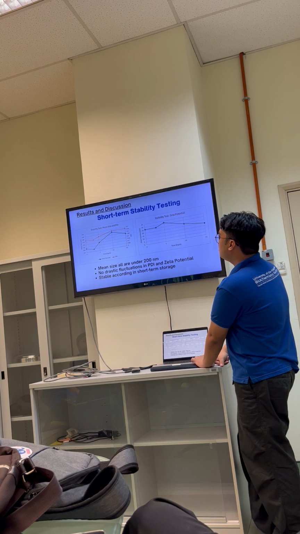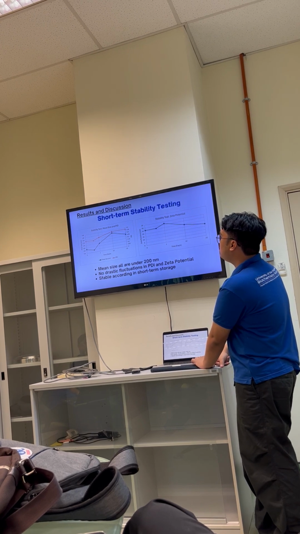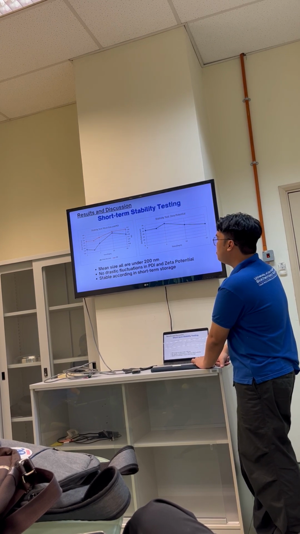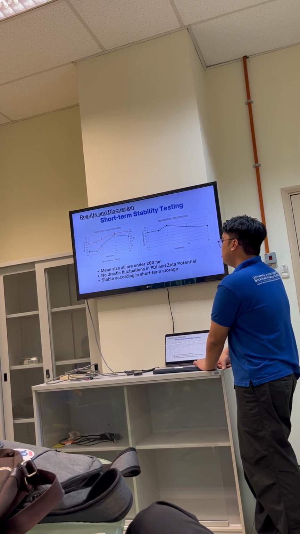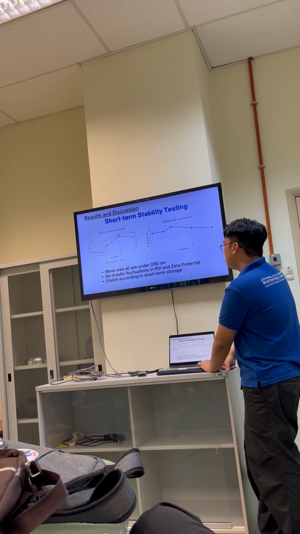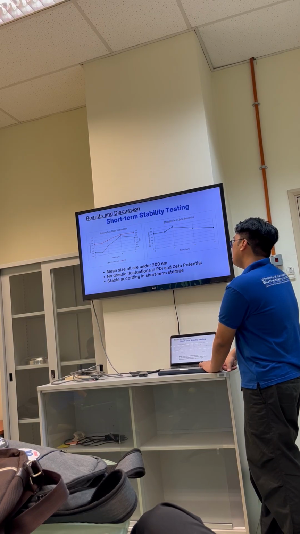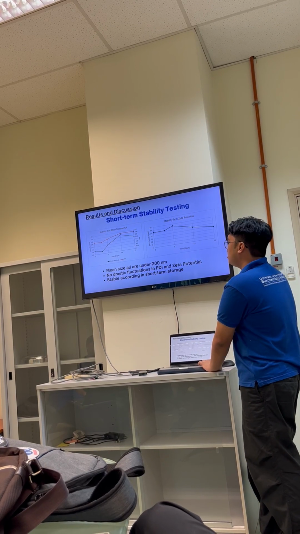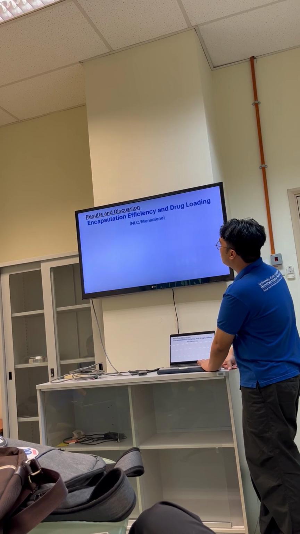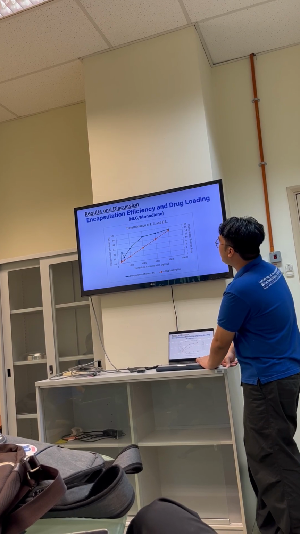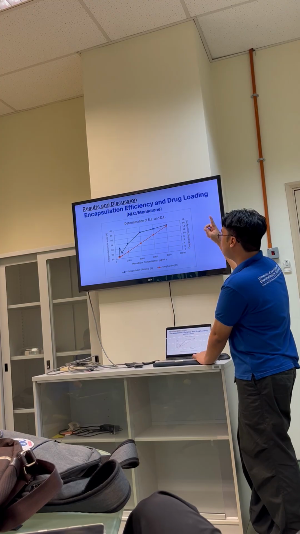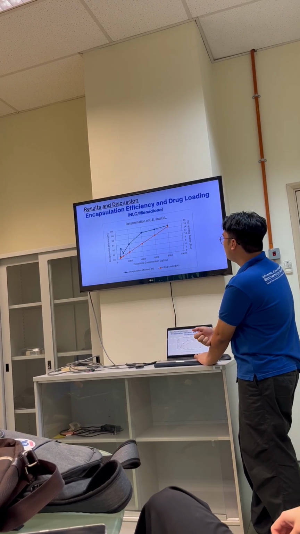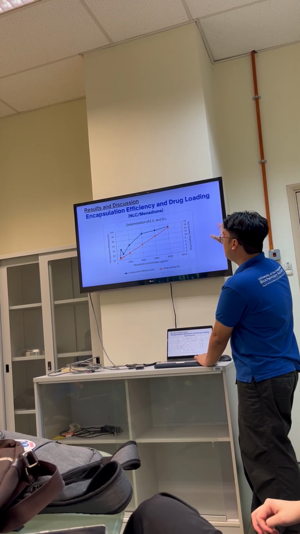The stability for 3 weeks seems to be quite stable actually. The mean size are all under 200 nanometers, and there is no drastic fluctuations in PDI and zeta potential parameters, and they are stable in short-term storage. That is our conclusion here. As for the encapsulation efficiency and drug loading, of course it would be obvious that increasing the amount of drug we add would increase the drug loading capacity.